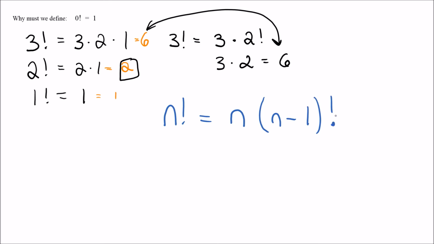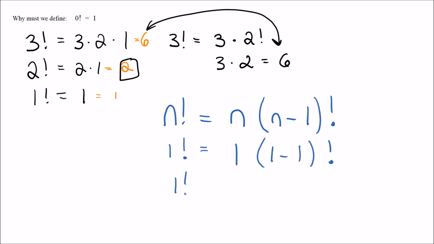So how does this help us with 0 factorial? Well, let's use this definition to create 0 factorial. And the way I'm going to do this is by putting in n is 1. So if I substitute in n is 1 here, we get 1 factorial is equal to 1 times 1 minus 1 factorial.